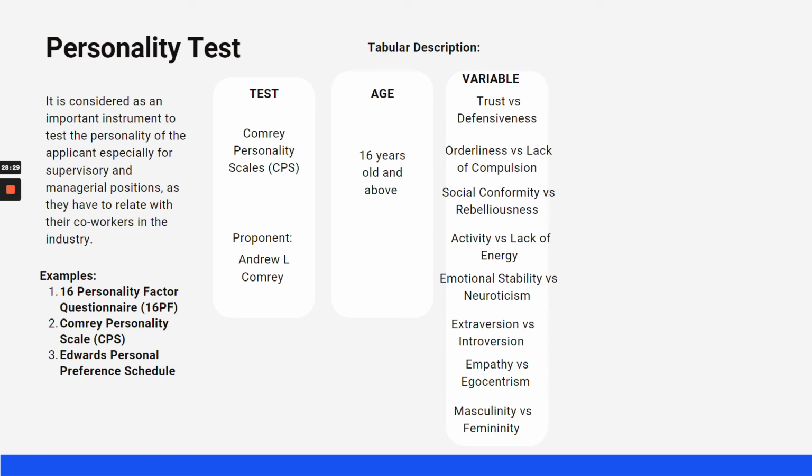Activity versus lack of energy, emotional stability versus neurotic, di ba? Sound mind ba siya or napay siya pagka neurotic. Extroversion versus introversion. So extrovert, kana mga extrovert and introvert. Extrovert is kana bitang good sila makihalubilo with other people, while introvert they are mas kuan ra sa ilang kaugalingon.